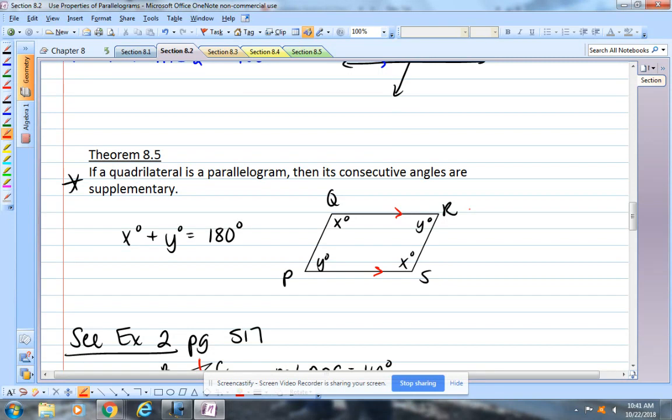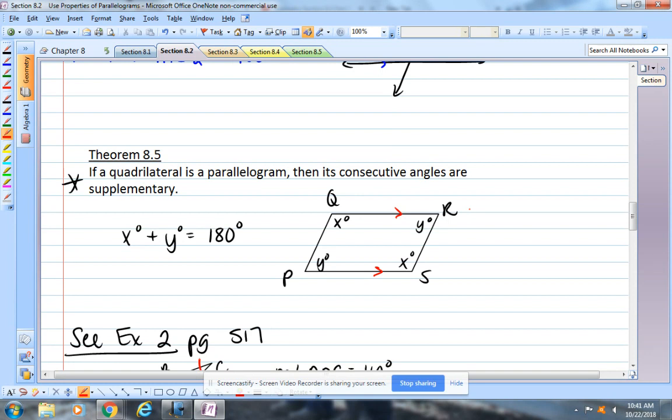So that means their sum is going to be what? 180. So opposites are the same. So notice they have y and y the same and x the same. But if they're consecutive, which means they come right beside each other, they will add to make 180. So opposites are congruent. Consecutives make 180.